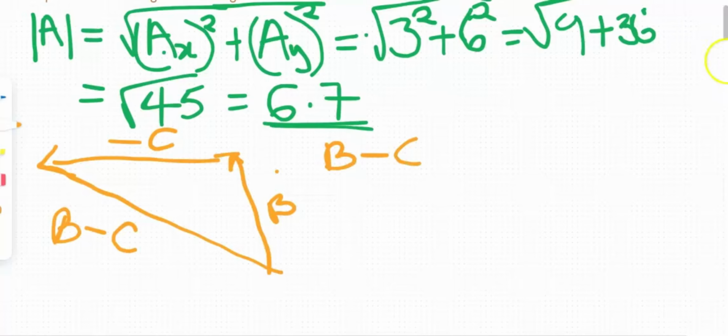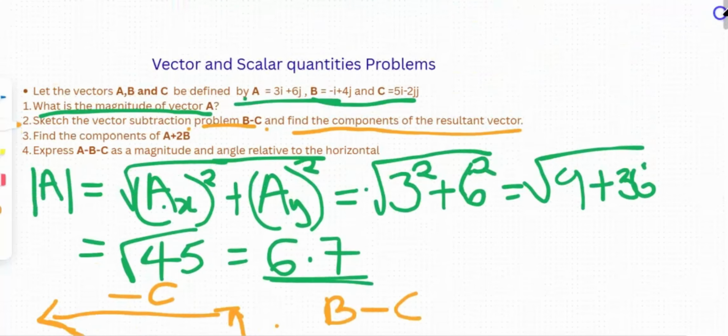If the question says, we scroll up, find the components of the resultant vector.